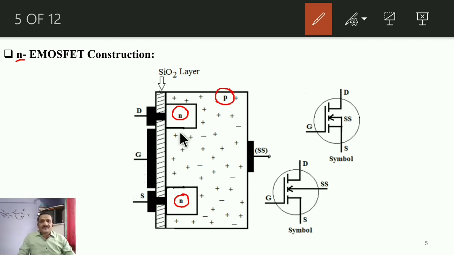For external connection, through ohmic contacts, terminals are taken out from these two N-type regions and are known as the drain terminal and the source terminal. Basically this is a 4-terminal device: drain, source, gate, and one more, the substrate. Generally the substrate terminal is always connected to the source.